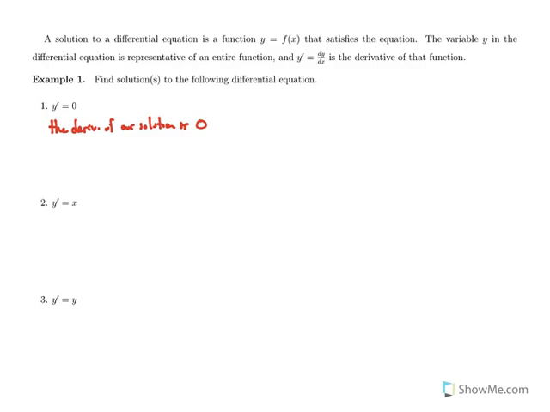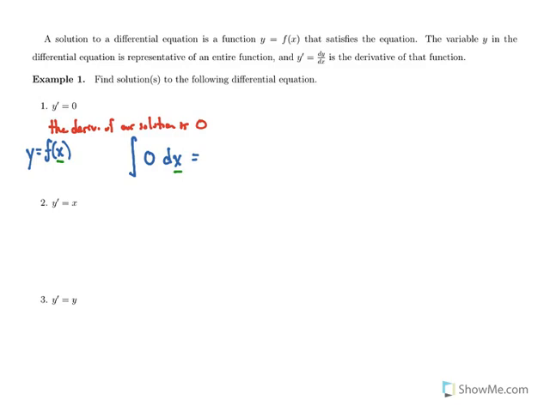And what this is really saying is that the antiderivative dx is going to be our answer. Note that y is a function of x. That's why we're doing this in terms of x. So the antiderivative of 0 is just going to be a constant.